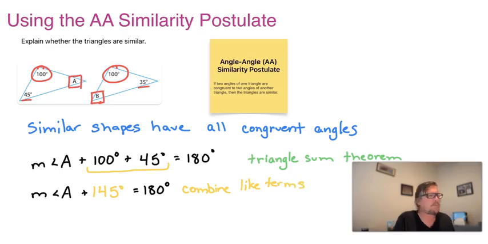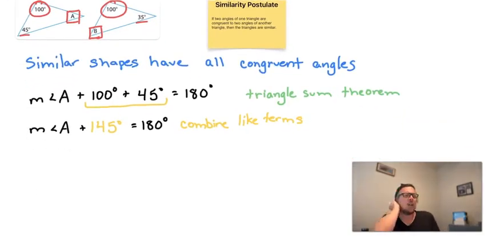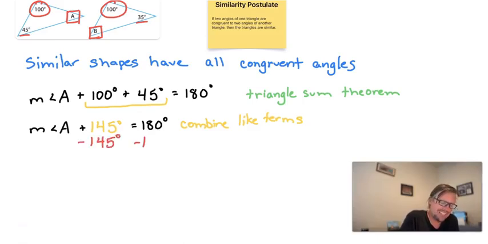To figure out the measure of angle A, all I have to do now is subtract 145 from each side. Minus 145 degrees on both sides will isolate my angle A variable.